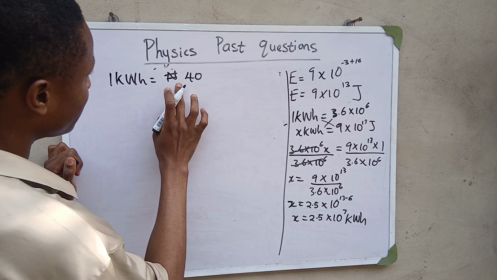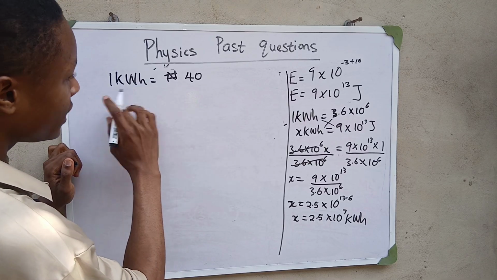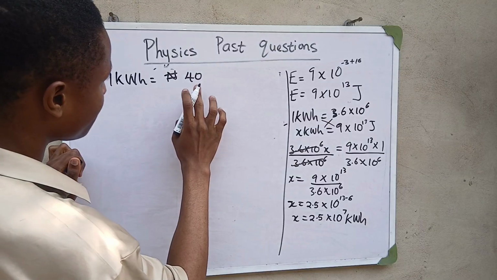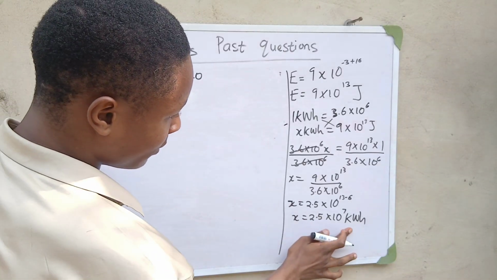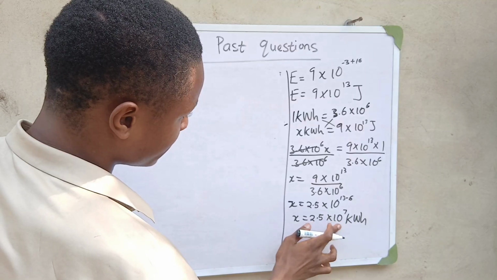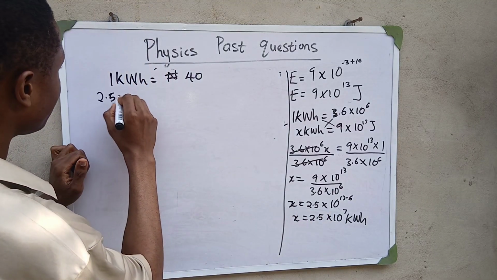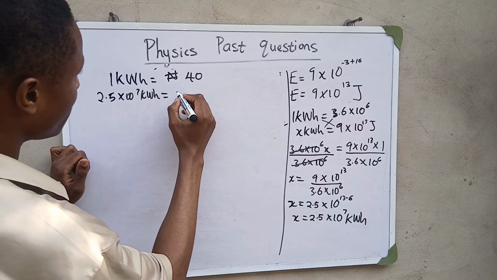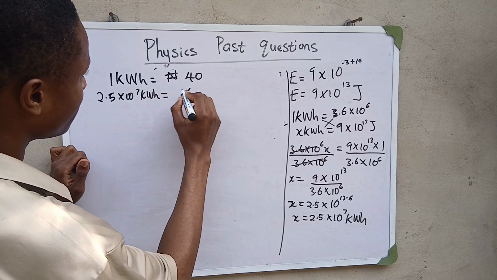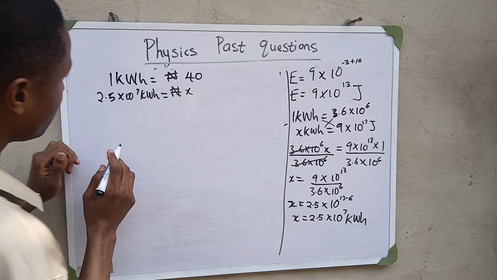Then for us to find how much it will make, we say 1 kilowatt hour is 40 naira. Then the amount of energy we have here is 2.5 times 10 raised to the power 7 kilowatt hours. So we are looking for the money that they will make.